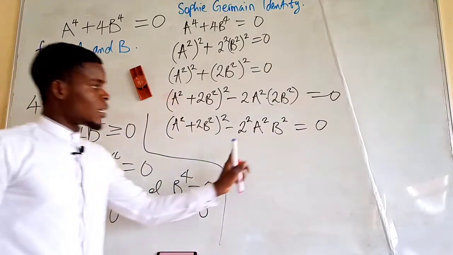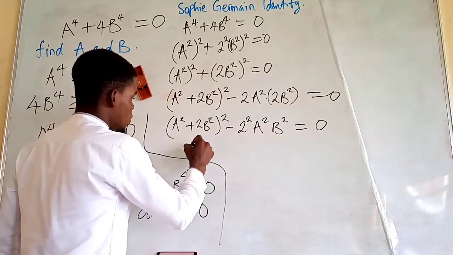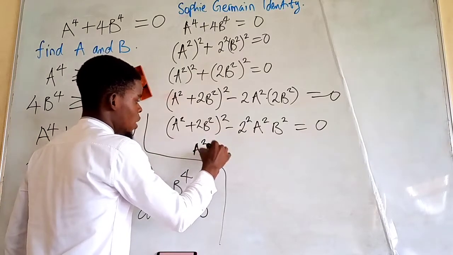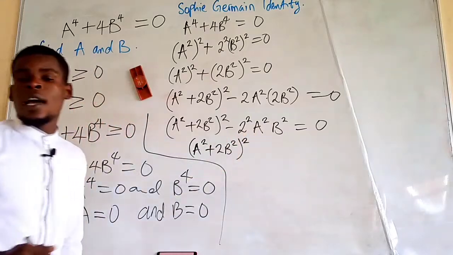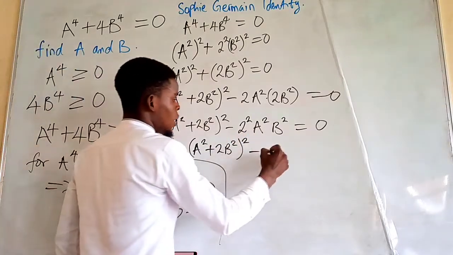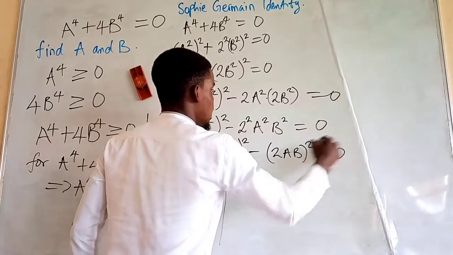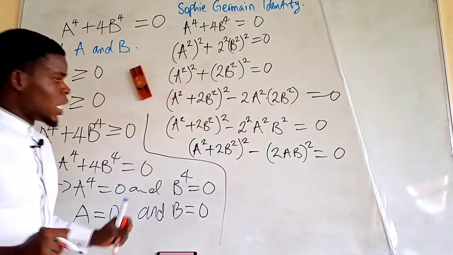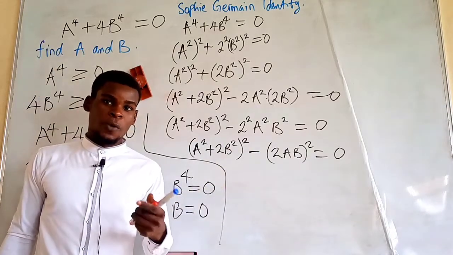So we see that the second term on the left hand side is all squares. Okay, so we just write it down as a squared plus 2b squared, and we go ahead and square this, and we subtract 2ab all square from it. Okay, and still equate that to 0. So we now observe that we're having a difference of two squares here, and we know how we deal with them, right?